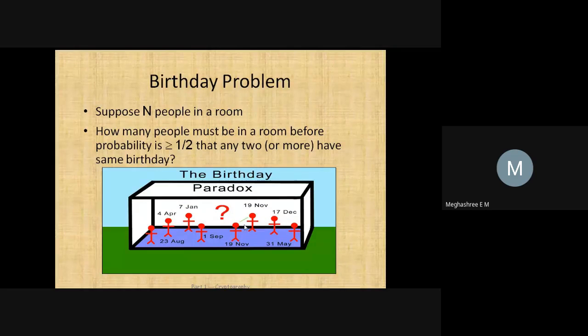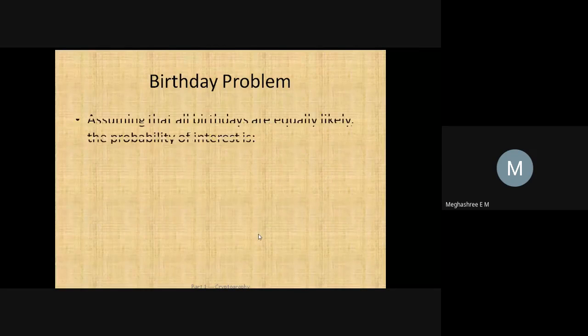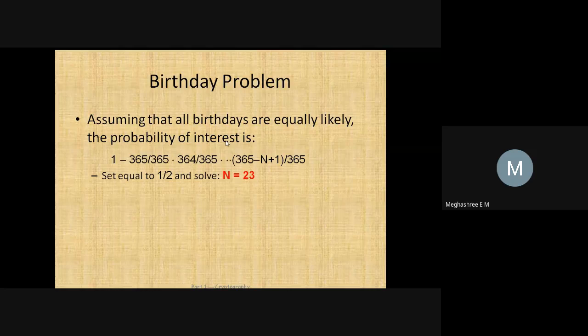The same diagram is considered here, and this is important. Assuming that all birthdays are equally likely, the probability is given as 1 minus this: 365 divided by 365 is 1, that is, my birthday will fall on one particular day.